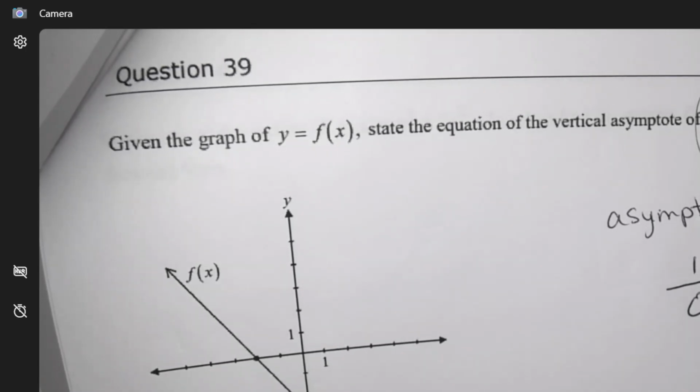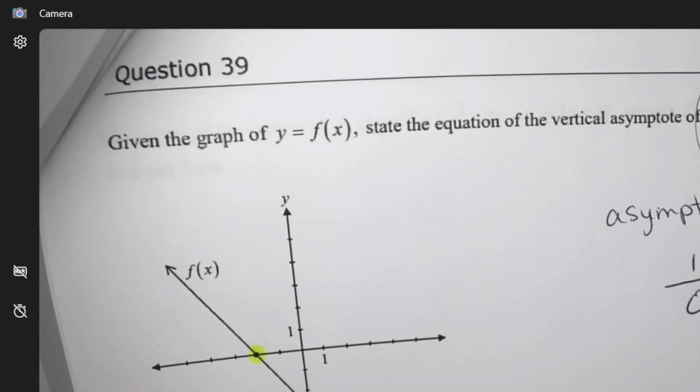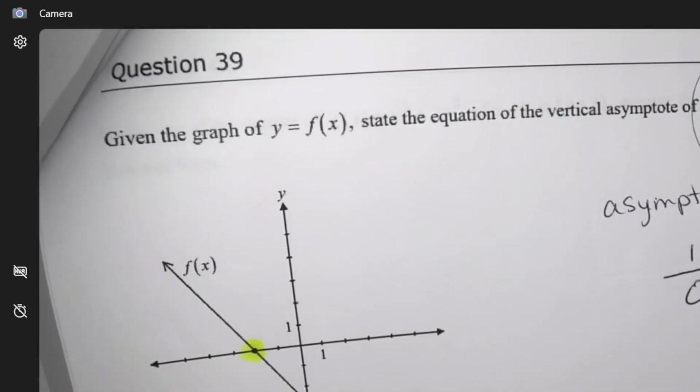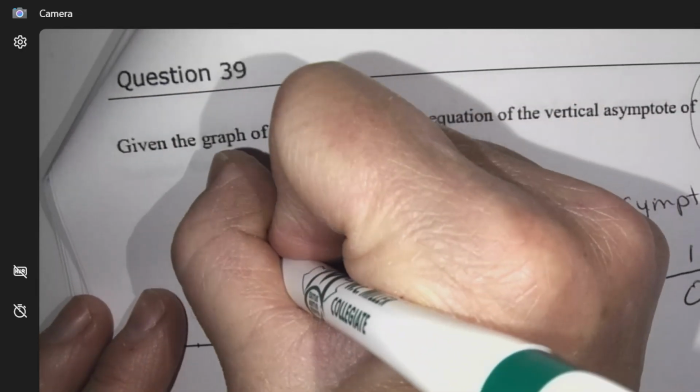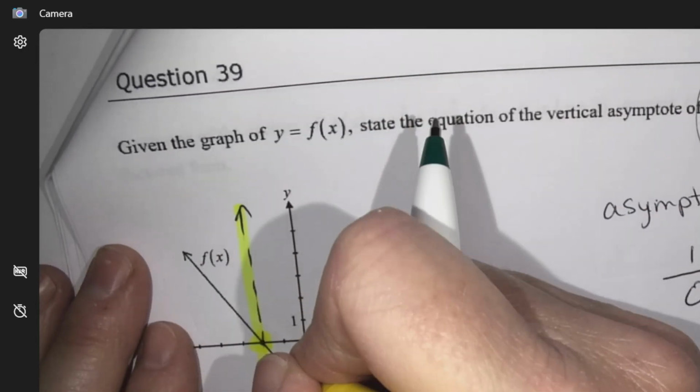So f of x is like the fancy y. So where is there a height of 0? On this graph, where is there a height of 0? At -2. So we would have an asymptote here if we flipped our height.